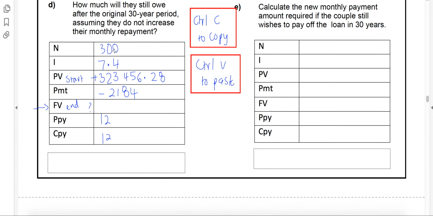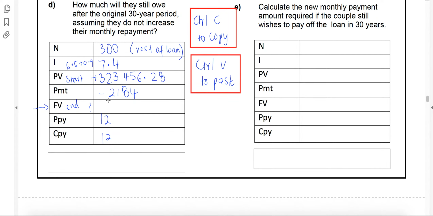So this is the rest of the loan. We're starting 5 years in, start value of 323,456. Our rate went up by 0.9, so it was 6.5 plus 0.9. That's where I got the 7.4 from.